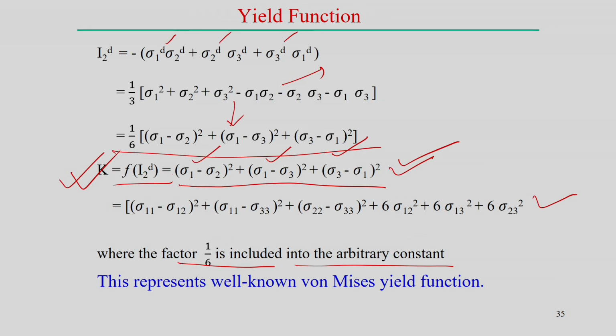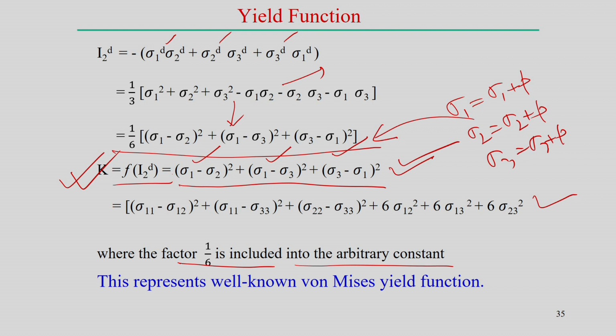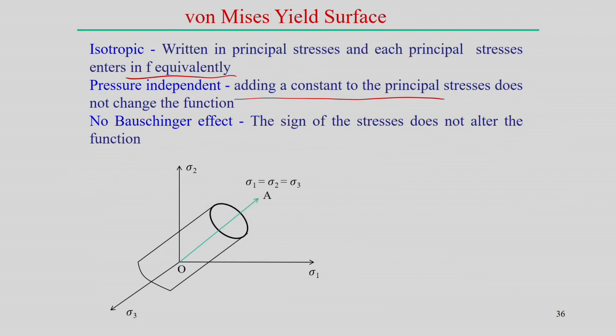If we add a constant term to all, sigma 1 equal to sigma 1 plus p, similarly sigma 2 equal to sigma 2 plus p and sigma 3 equal to sigma 3 plus p, and put these in, there is no change in the functional form. So, the yielding is independent of the pressure.